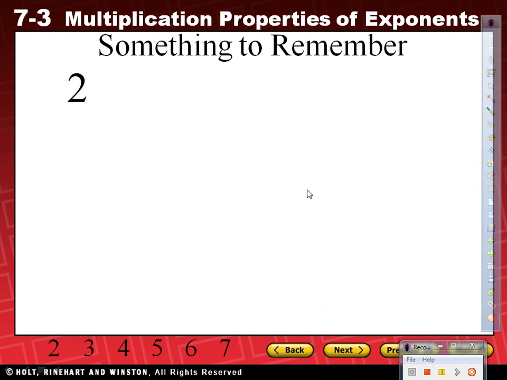However, from now on, whenever you see a number without an exponent, I need you to write an exponent of 1. Therefore, whenever you see a 2, what are you going to write? 2 to the first. Same thing with variables. Whenever you see a variable such as x, you write x to the first power.